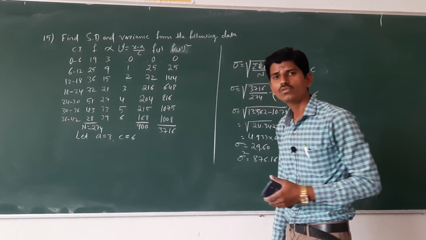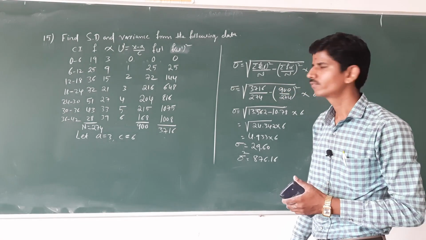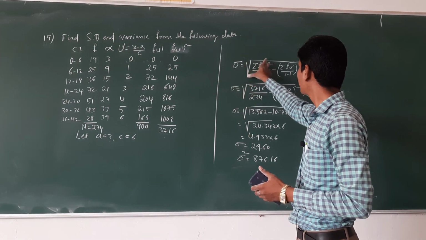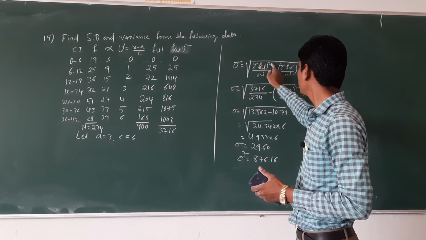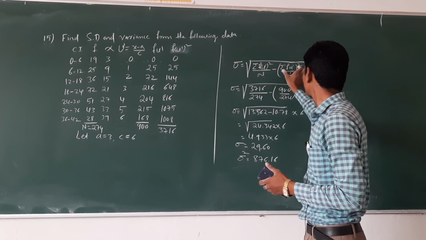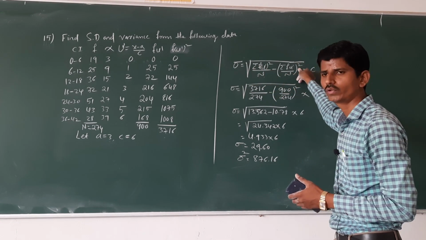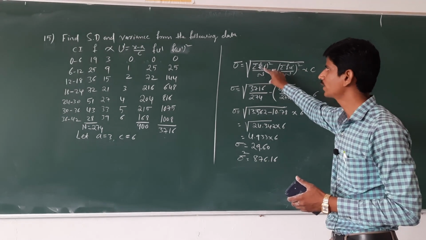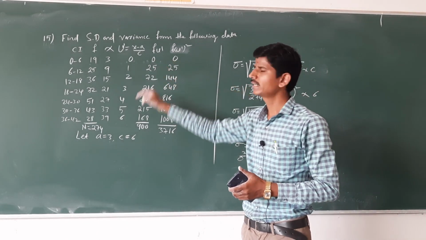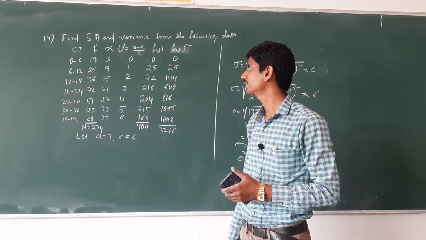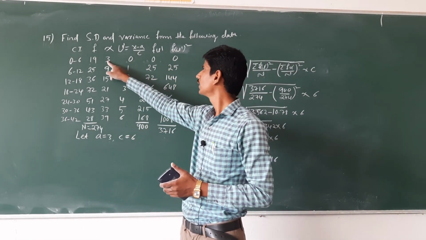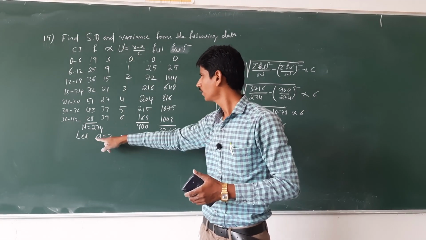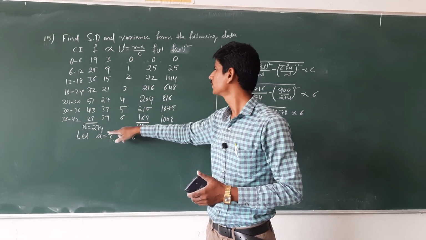Next, apply the step deviation formula, that is sigma equal to under root of sum of fu dash square divided by capital N minus sum of fu dash by capital N whole square, into c. We want first u dash. What is u dash? u dash equal to x minus a by c. Let a equal to 3 and c is 6.